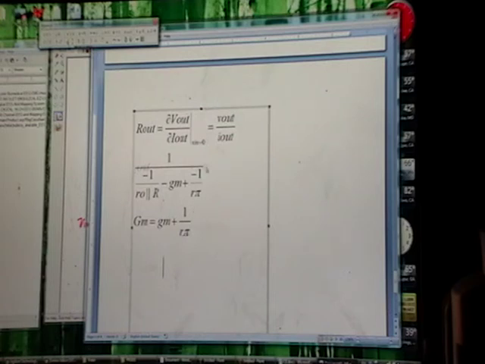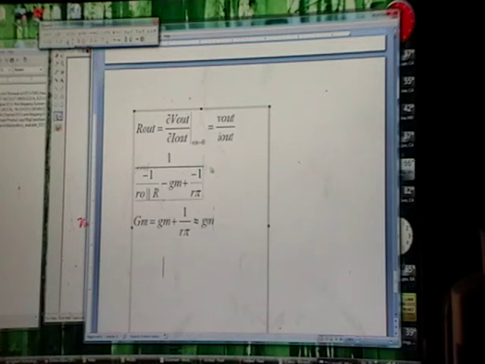Okay, and just because I know that this should be positive, if you look at this, it's R pi here. GM, we're seeing 0.2, 0.1, 0.02 or something. This R pi here, we've seen 1K, 2K, something like that. So this right here is actually quite a bit smaller than this GM. And if you really want to hand wave, you can say that 1 over r pi is so small, we can just call that GM.